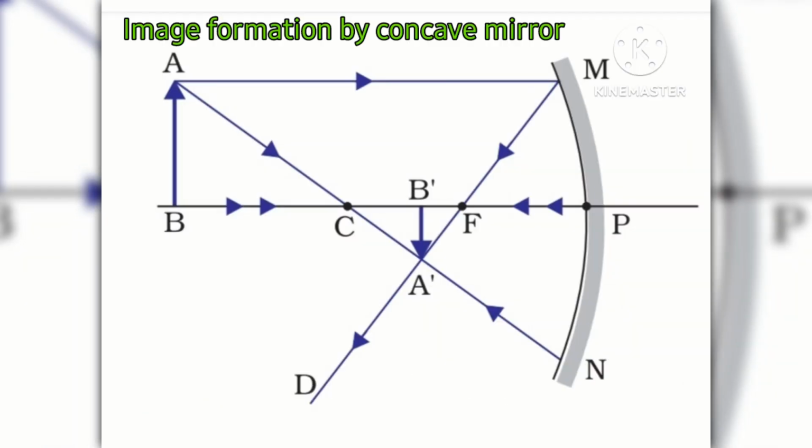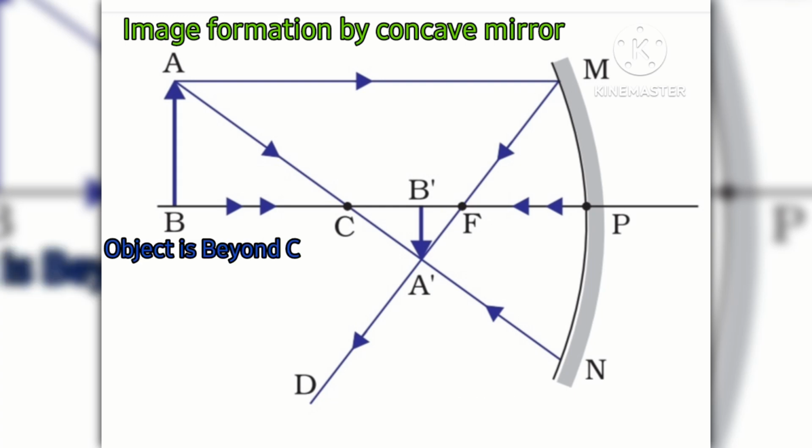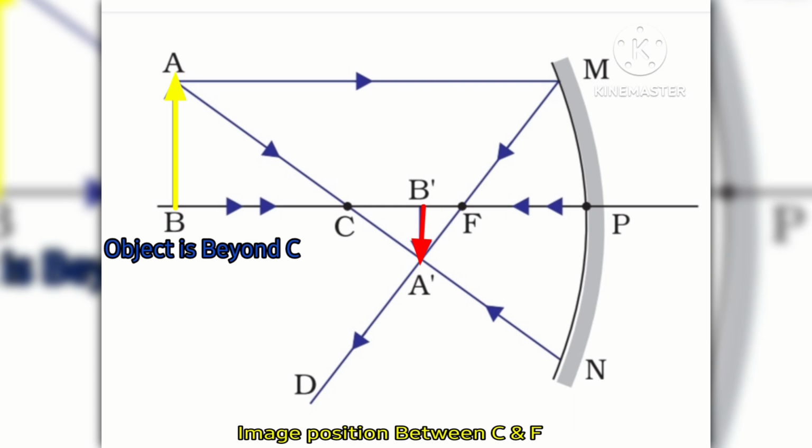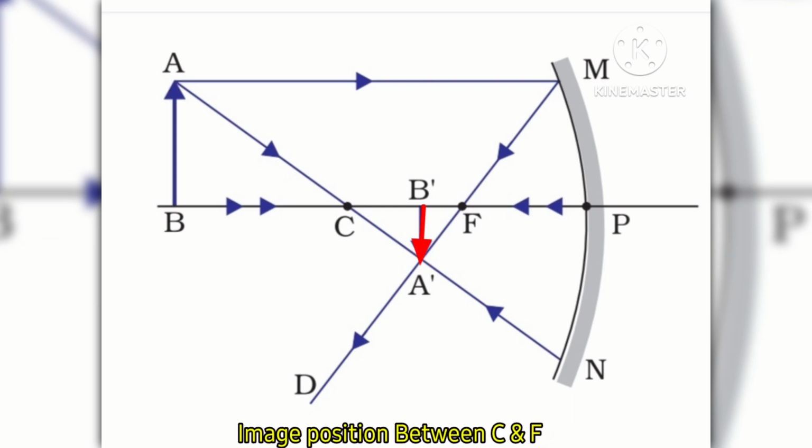About image formation by the concave mirror, ray diagram number 2. In that, object is beyond center of curvature. If an object is beyond center of curvature, image will be formed in between C and F. To get the image of an object, we need to consider two rays from the object's head.